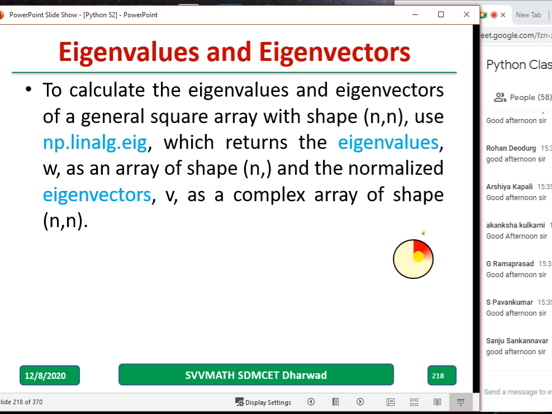So for that we use np.linalg.eig. I want you to note down what we use in Python, which will return the eigenvalues as well as the eigenvectors.